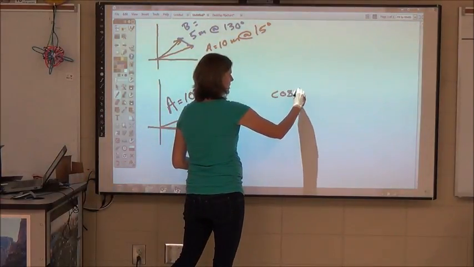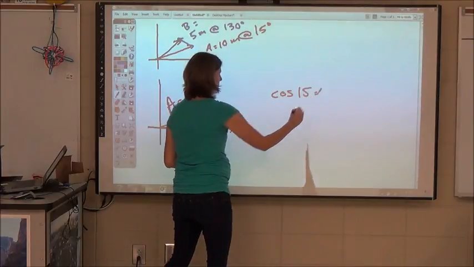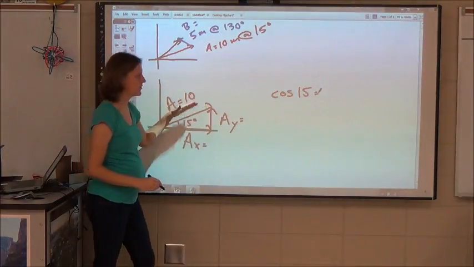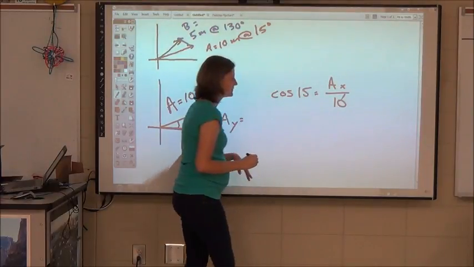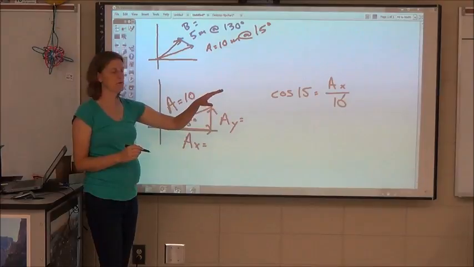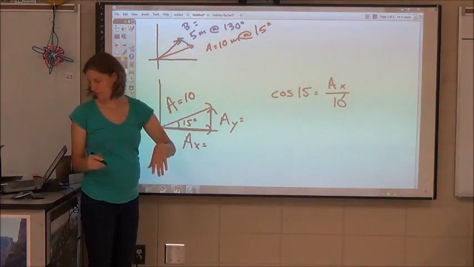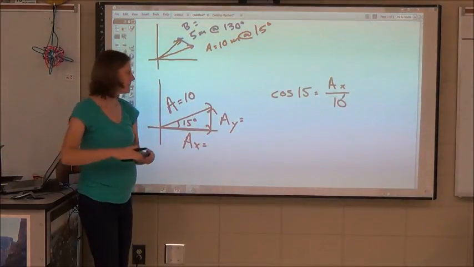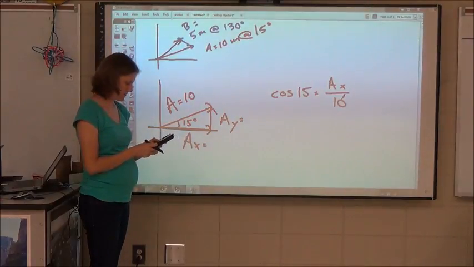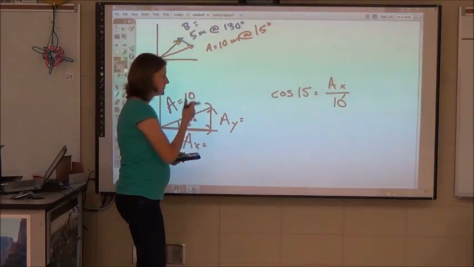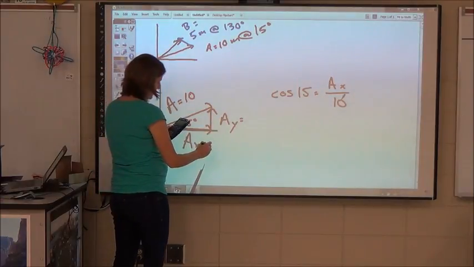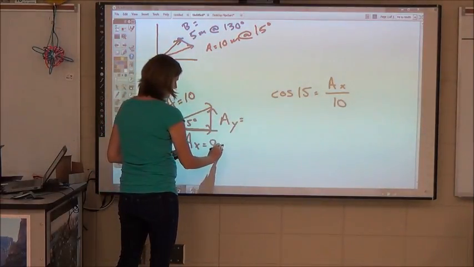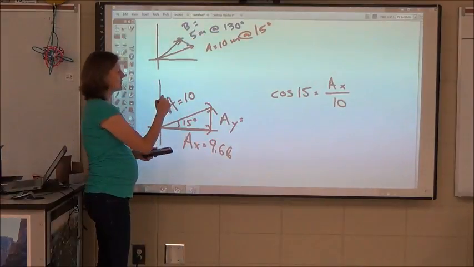So cosine of 15 equals adjacent over hypotenuse. So just multiply cosine of 15 times 10. And I get AX equals, say, 9.66, technically meters.